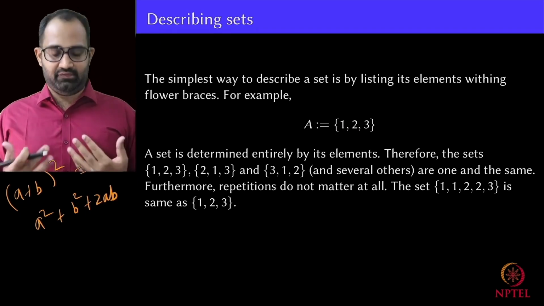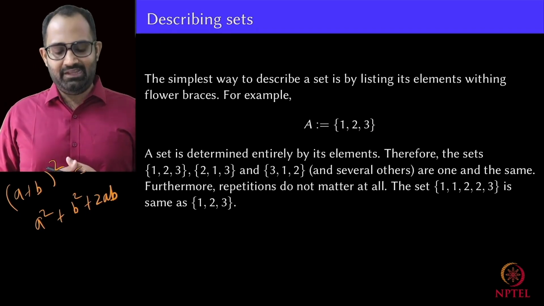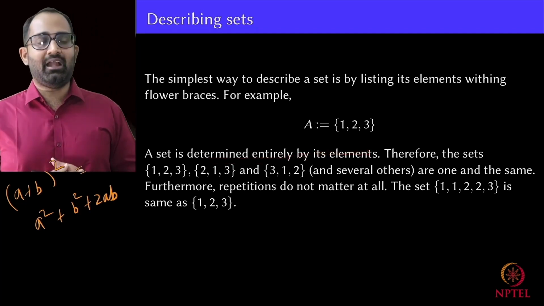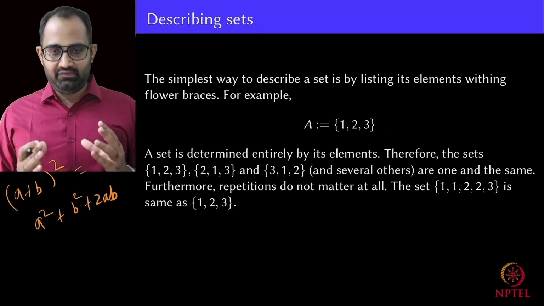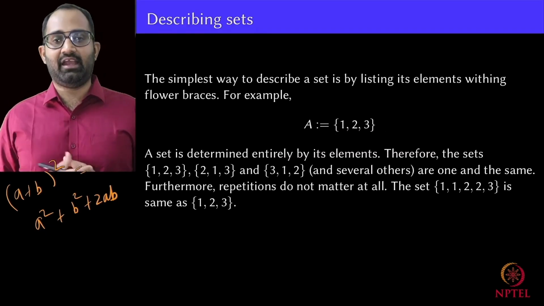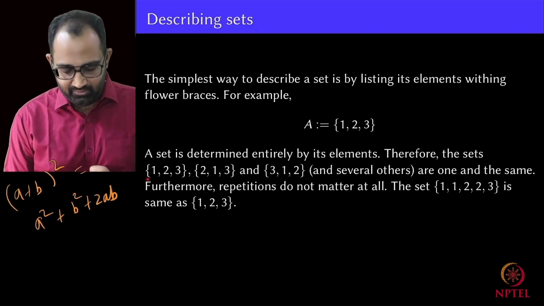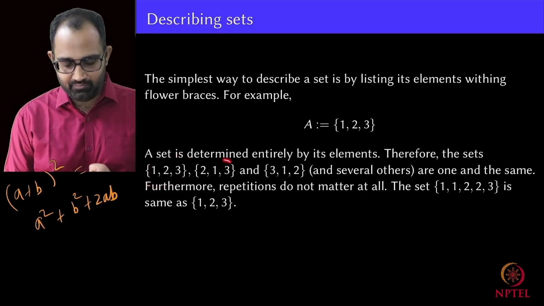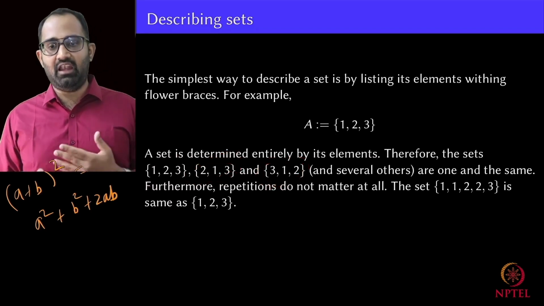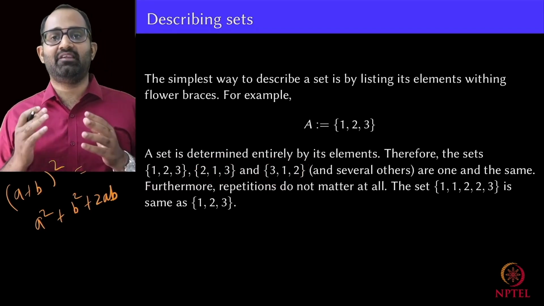Coming back to our sets. A set is determined entirely by its elements. That means two sets are equal if and only if they consist of exactly the same elements. So the sets 1, 2, 3, 2, 1, 3 and 3, 1, 2 and several others are one and the same set.